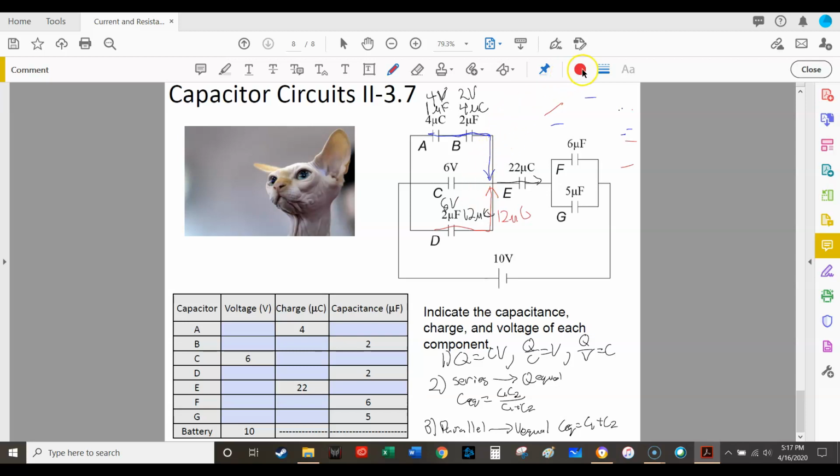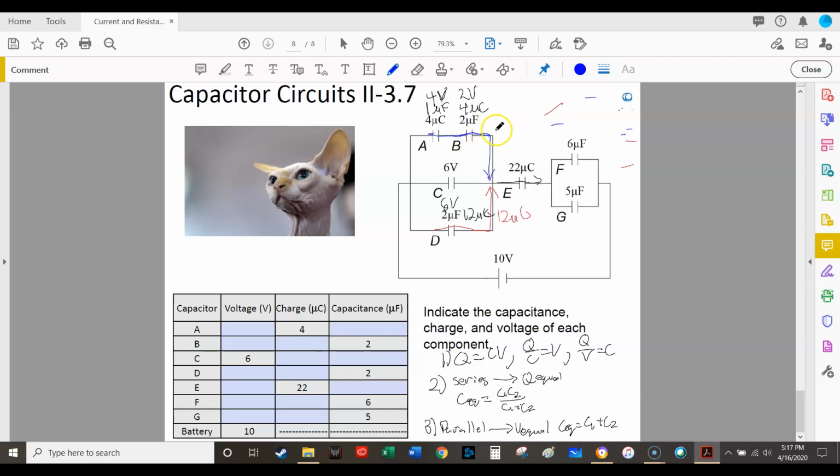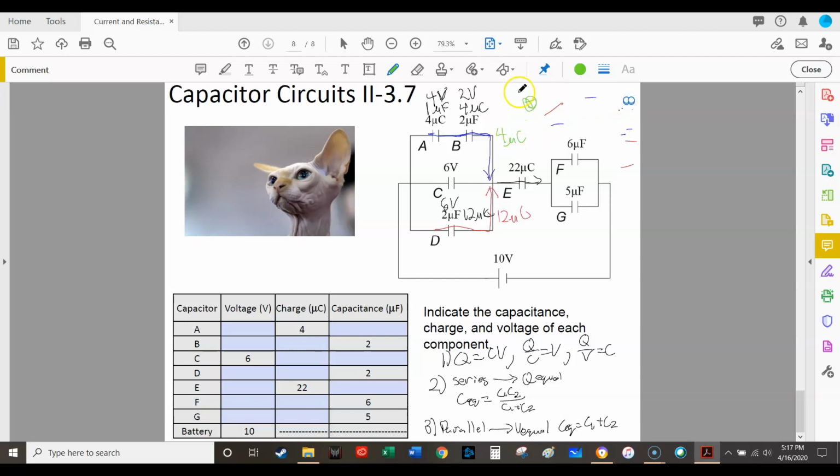And we have 4 microcoulombs going through there, right? So now we have a mounted charge going through the 6 volts, and we're going to call it green.